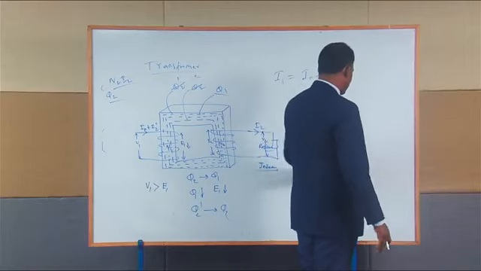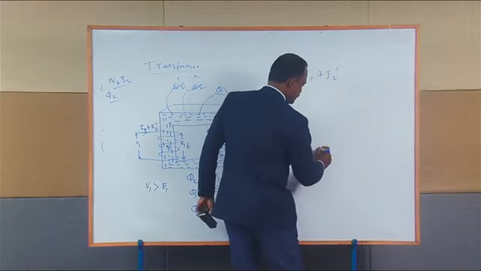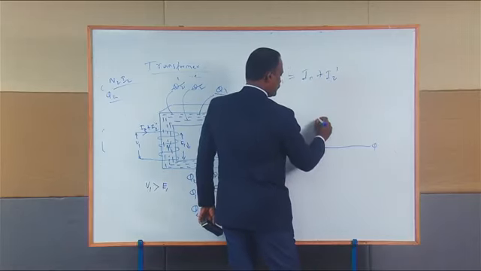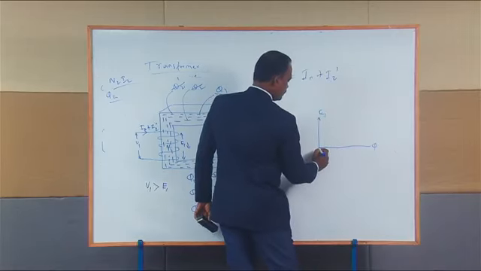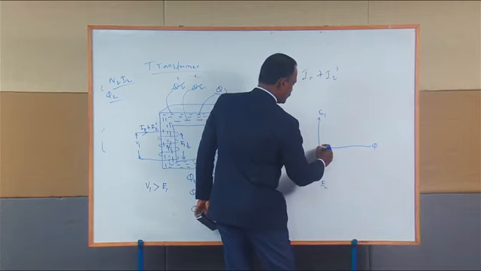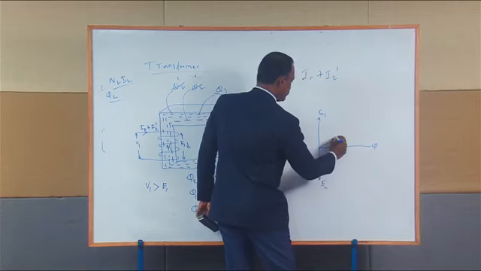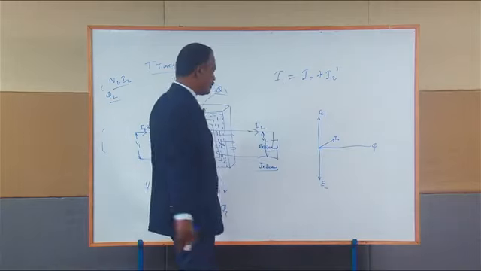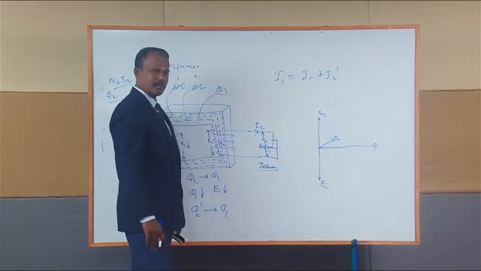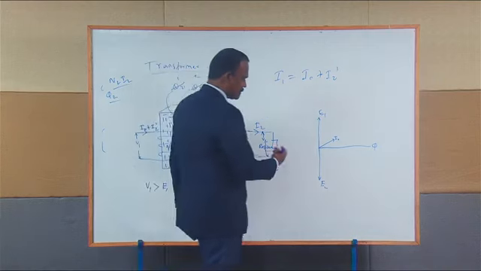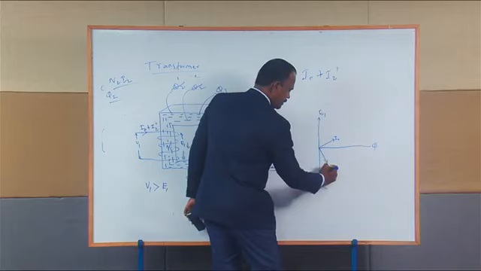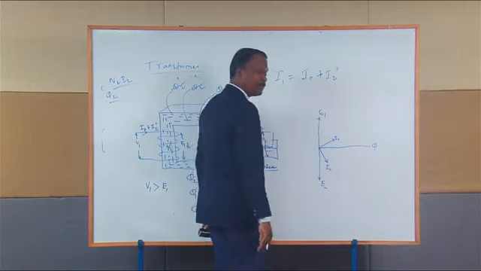Similarly, for capacitive load, again I draw my flux axis phi. Then E1 will be here, and E2 will be here. I know that this is my current I0, the no load current. Now if you are talking about capacitive load, the current will lead the voltage. So I'm assuming that my I2 is somewhere here.